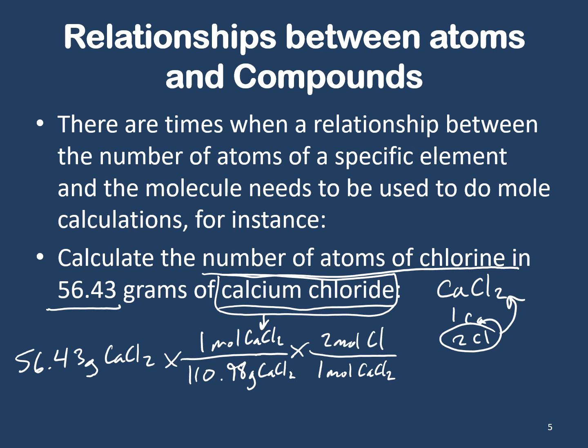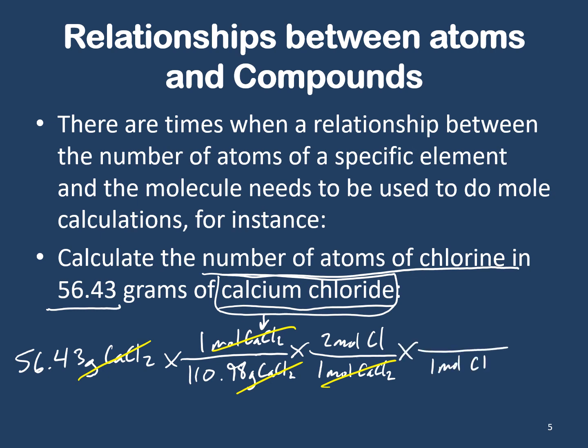So if we're following along, I've canceled grams of calcium chloride. I've canceled moles of calcium chloride. I'm now in moles of chlorine, and I want to get how many atoms of chlorine there are. Well, I can do this now using Avogadro's number. I know that 1 mole of chlorine is 6.022 times 10^23 atoms of Cl.